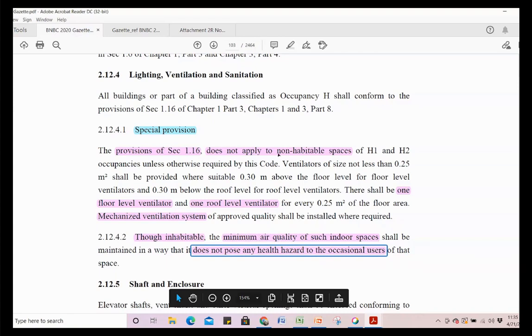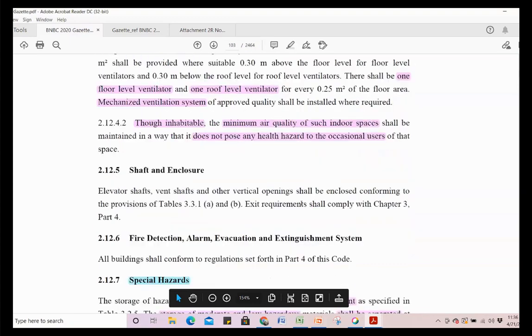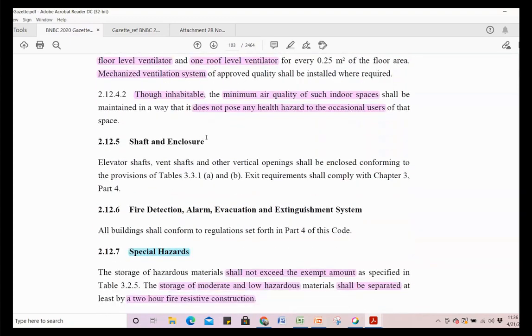So it doesn't mean that because it is non-habitable, it will have such poor air quality or ventilation that it can pose a health hazard to users or occupants who are occasionally visiting that space. So this is to ensure the safety of the visitors or users. For shaft enclosure, shafts and other enclosures, the reference points are quite similar.